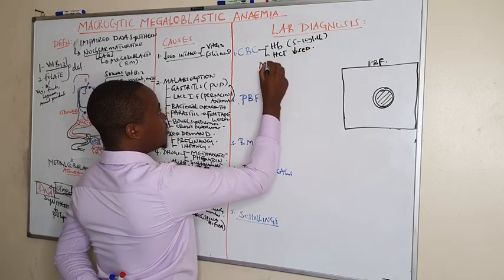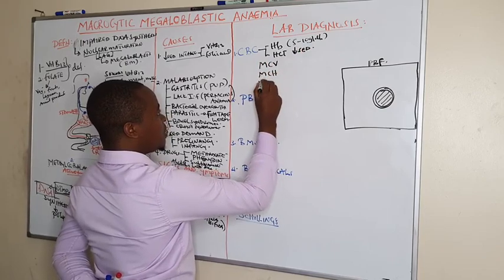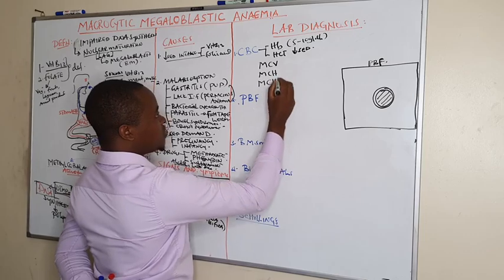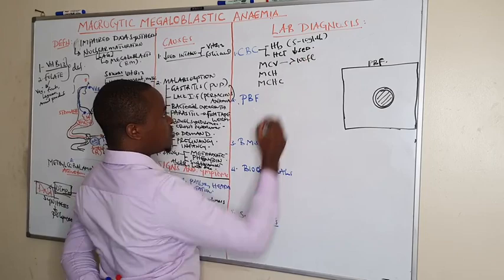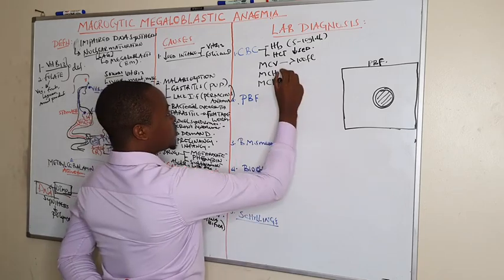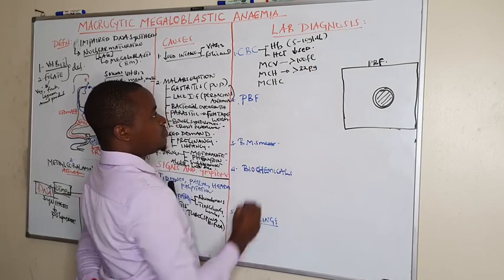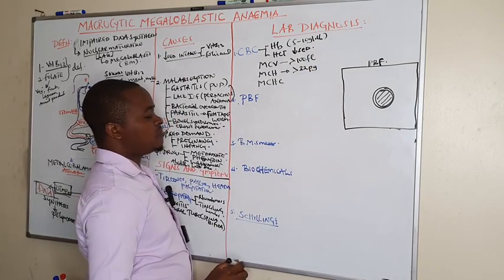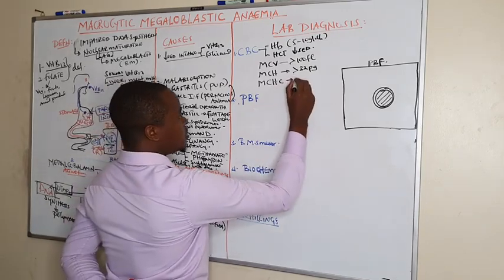Then when we talk about mean cell volume, mean cell hemoglobin, and mean cell hemoglobin concentration, MCV is greater than 100 femtoliters, meaning it is greater. Then MCH is greater than 32 picograms, meaning there is some small increase in hemoglobinization. Then MCHC is normal.